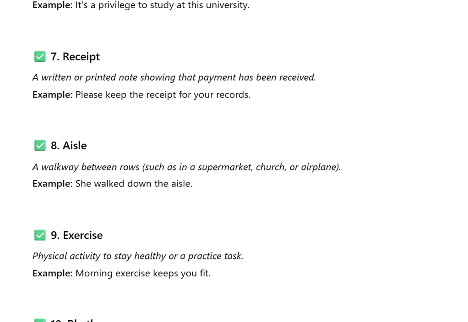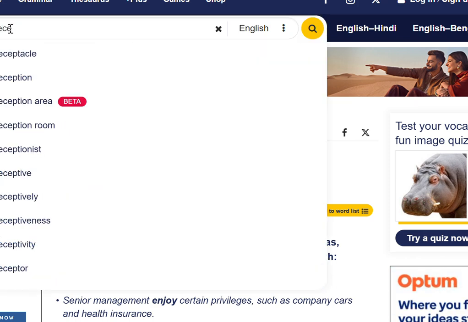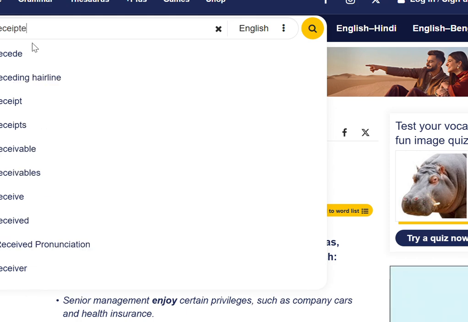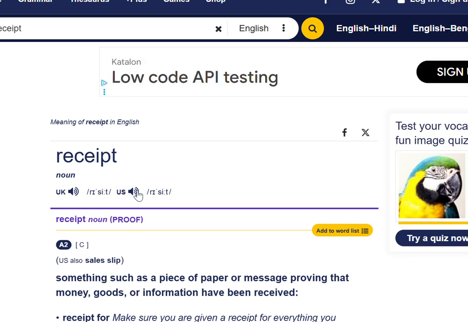Next one is a word that is really misspelled by most of the people. Did you get the pronunciation? Yep. This word is pronounced as receipt.